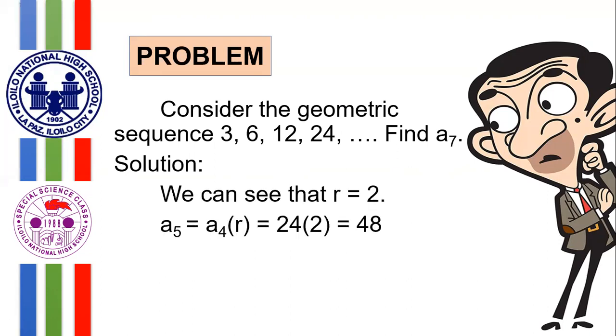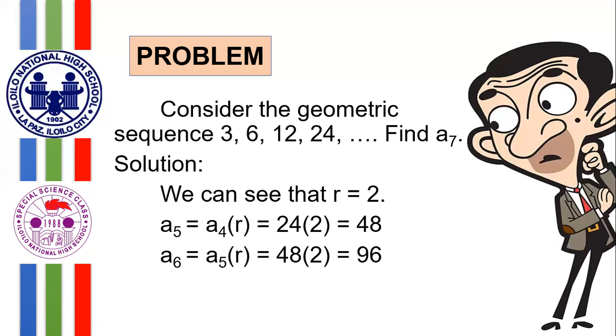So if we have a sub 5 and follow the recursive formula earlier, a sub 5 is equal to a sub 5 minus 1 or a sub 4 times r. But a sub 4 is 24, so 24 times 2, which is your r, is 48. So 48 is our 5th term. For the 6th term, it's equal to the 5th term times the common ratio.